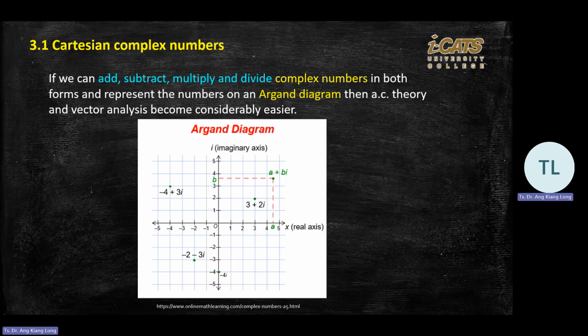And for this module, for this chapter, we will interchange i and j. Sometimes you will see I use j to represent the imaginary axis. Because in this module, the x, y, z axes don't matter. We only deal with a two-dimensional imaginary axis.